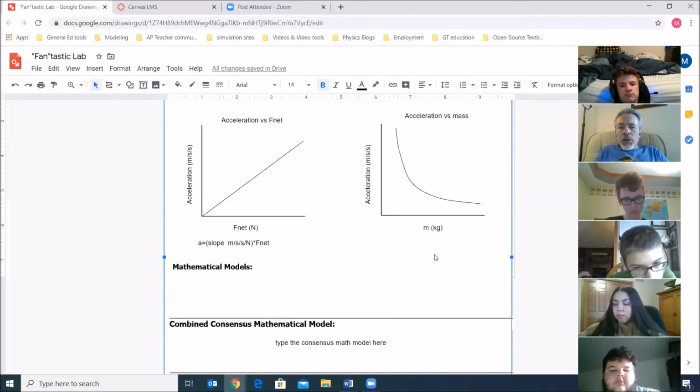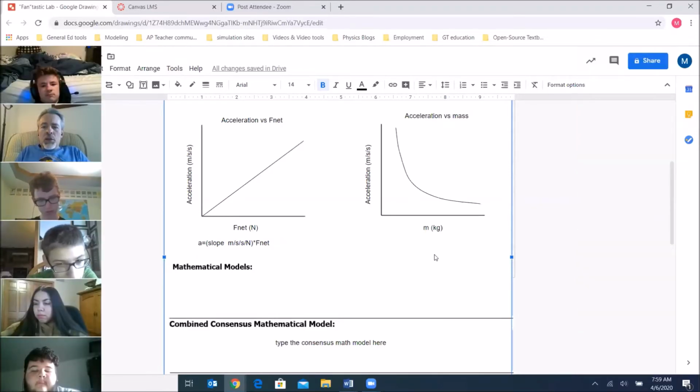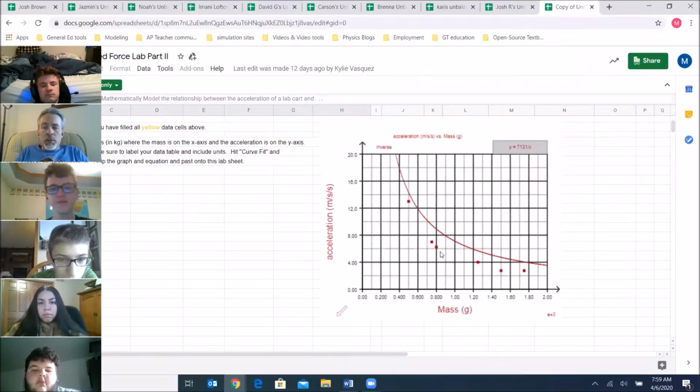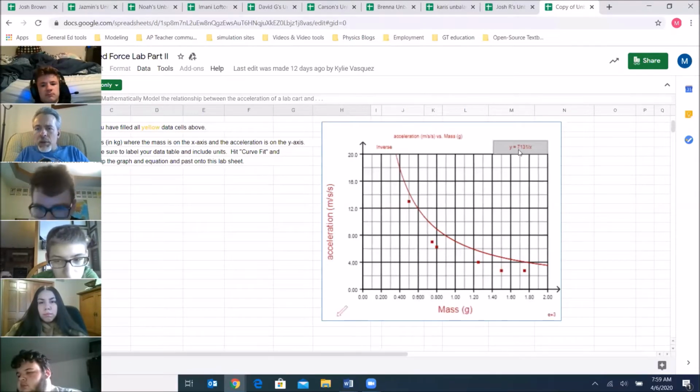All right, so for the next one, the acceleration versus the mass, we have to get the mathematical model for that too. So let me look at everybody's relationship here. Let's start off, I think this was Kylie's. It's hard for me to read this number, but I think it might be 0.7131 over x.